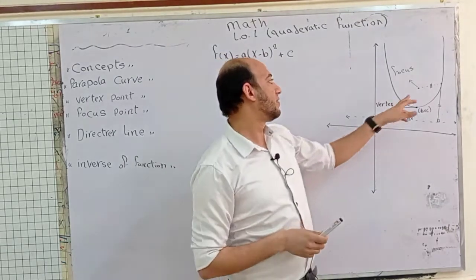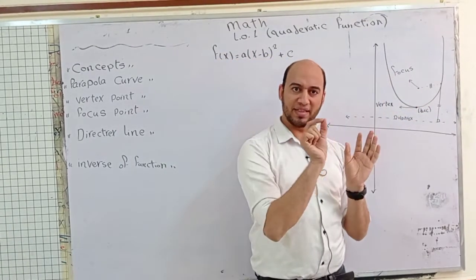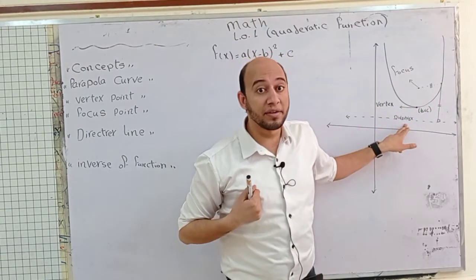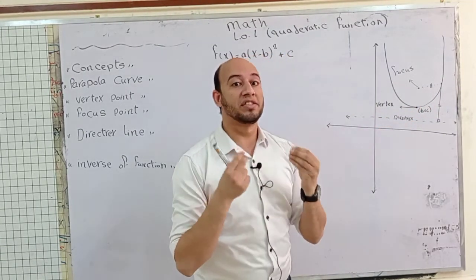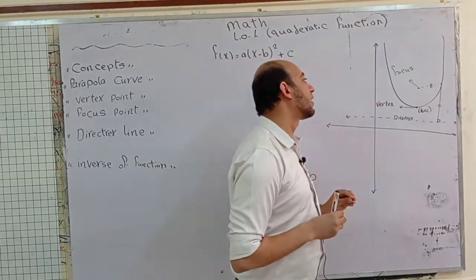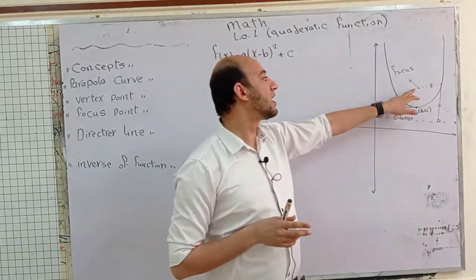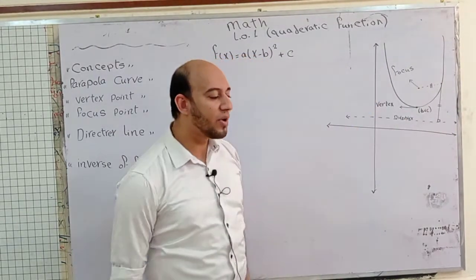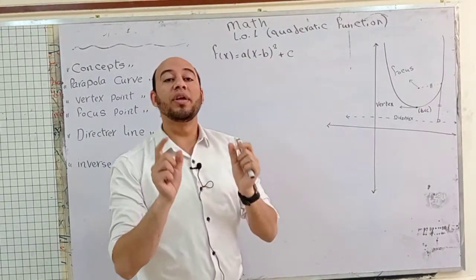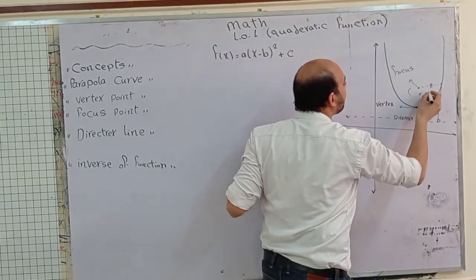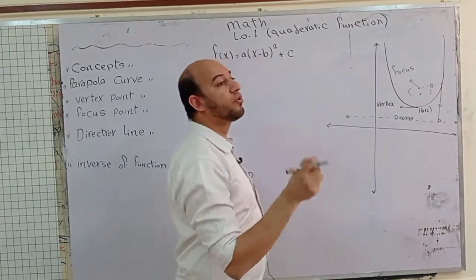How can we get the focus point and the directrix line, which will apply this property? We will begin with the focus point. How can we get the x coordinate and y coordinate of the focus point?